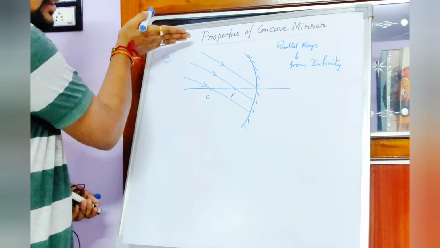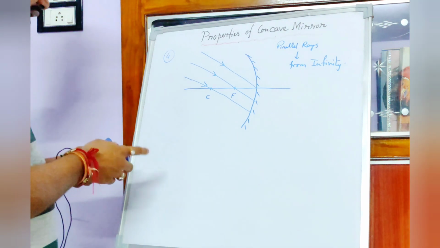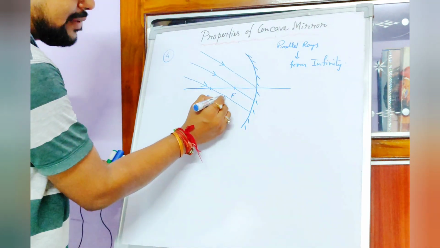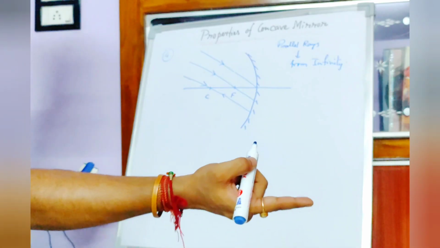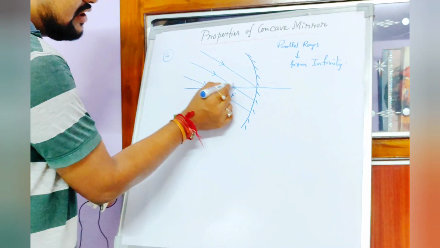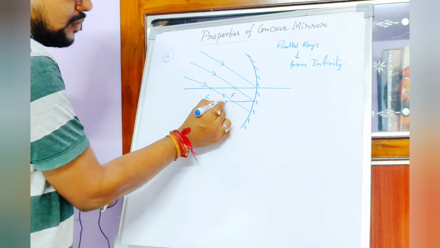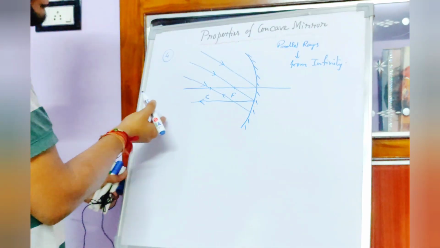Now here they are parallel to each other but they are not parallel to the principal axis, right? In that case, first of all, the ray which is passing through C, the center of curvature, will bounce back through the same path, as I told you in the last property. And the ray which is passing through the focus will be parallel to the principal axis.